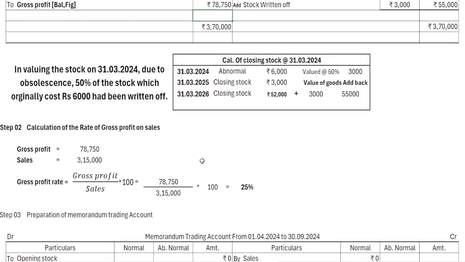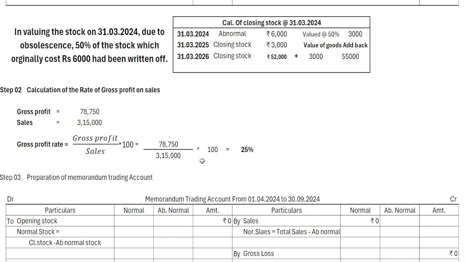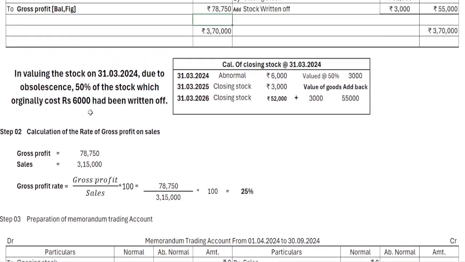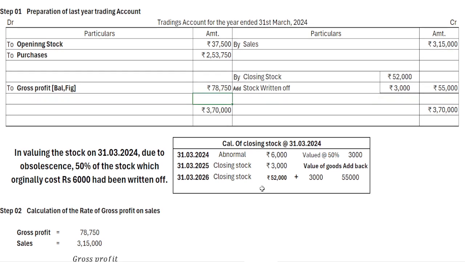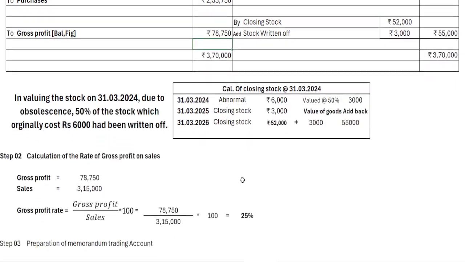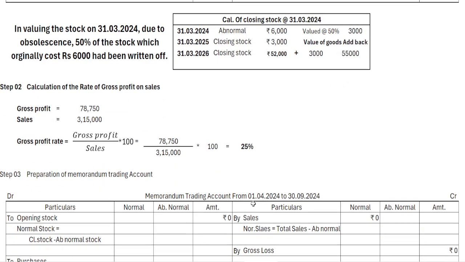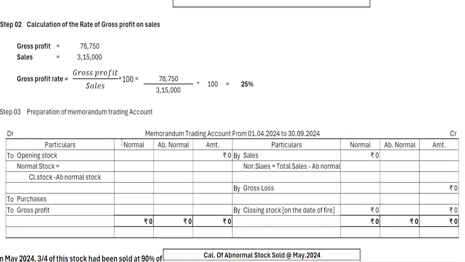Then here let's calculate gross profit. 78,750 is the gross profit and 3,15,000 is the sales. So gross profit divided by sales into 100 is 25%. Here is the calculation you can go through.